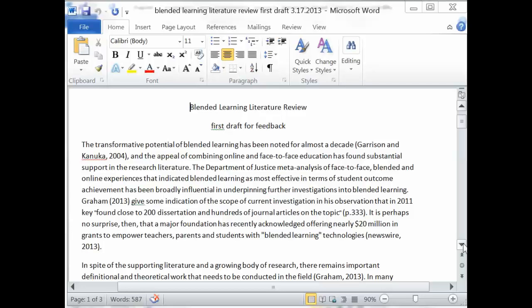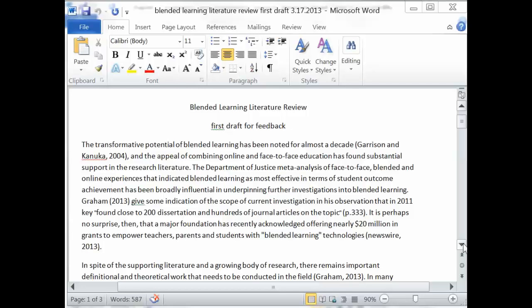So this first paragraph here, the transformative potential of blended learning, you can look at that, maybe play this back again if you want to read it, just tries to generate some initial interest in the topic, and that is done by noting the investment, $20 million, by noting the scope of research, and noting an influential study.